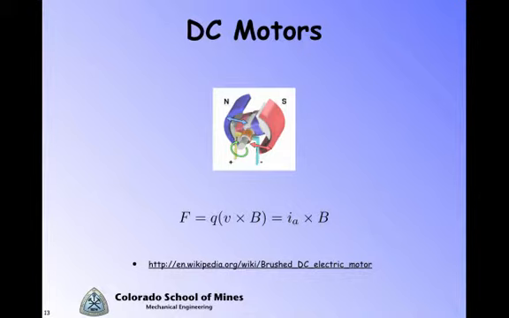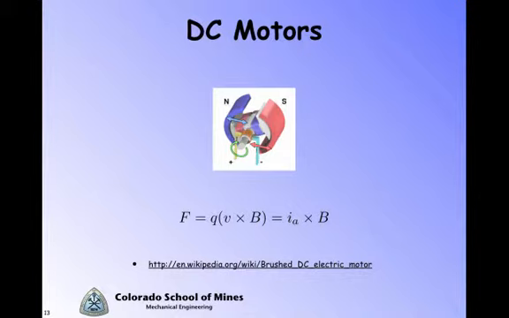The armature is the part that actually is energizing the motor system, and so they are one and the same in this case. And then you see the blue and red partial rings, and those are the two sets of magnetic fields that the electric field from the armature is interacting with.